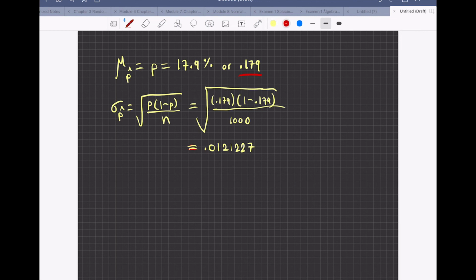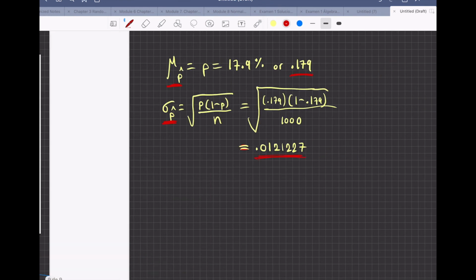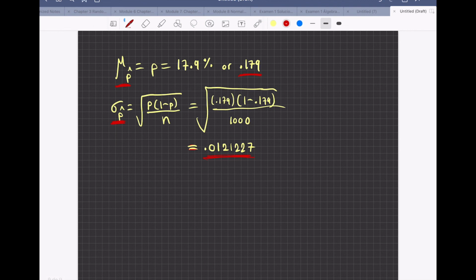Try to use as many decimals as possible. So this is the value for sigma of p hat, the standard deviation of the sample proportion, and the mean of the sample proportion is 0.179. Next, notice you need to compute only the probability that the sample proportion is greater than 0.204. So go to Minitab and don't forget these two values.